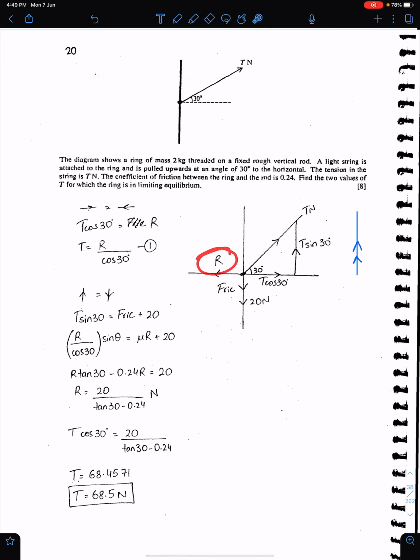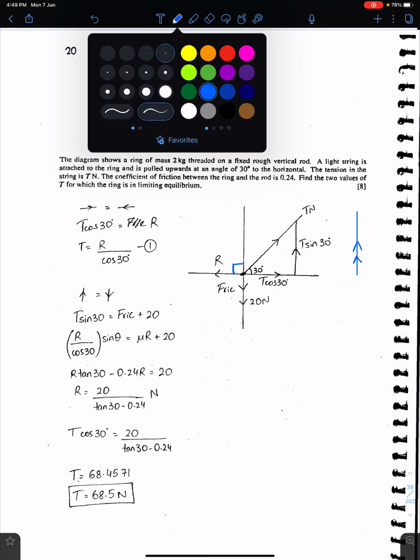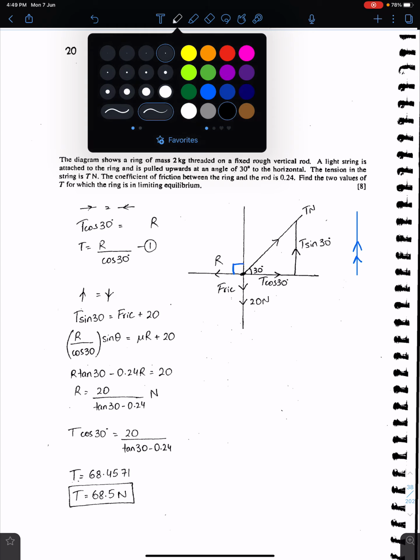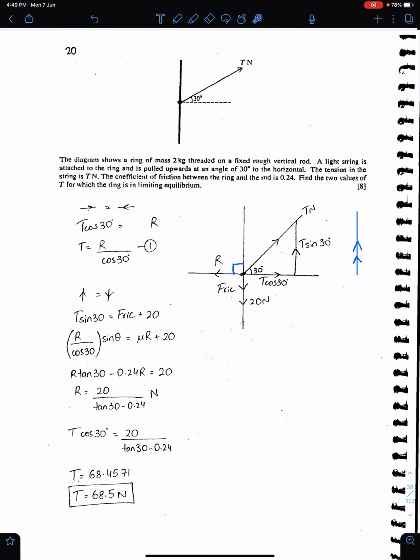And R will be T cos 30 because there is no motion perpendicular to rod. So let me correct this. This is R. So R is T cos 30.